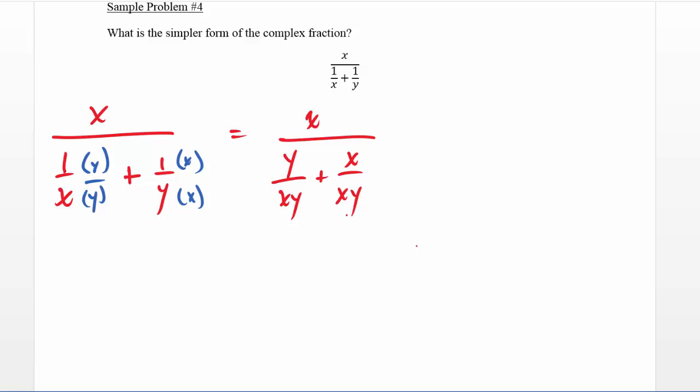Okay, and you can see here that I've gone ahead and created a common denominator for the bottom rational expression, and now I'm going to go ahead and combine those into one part.